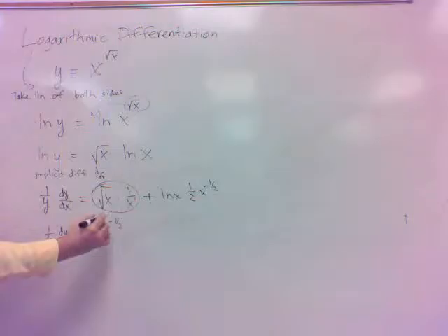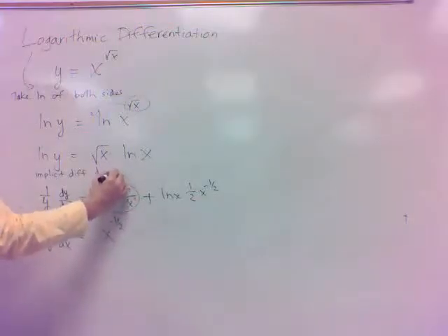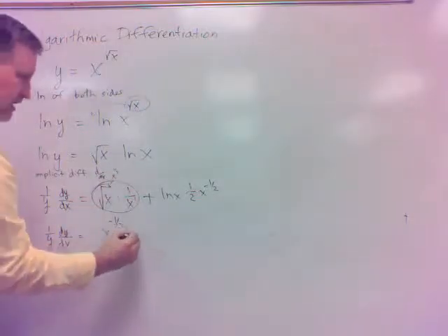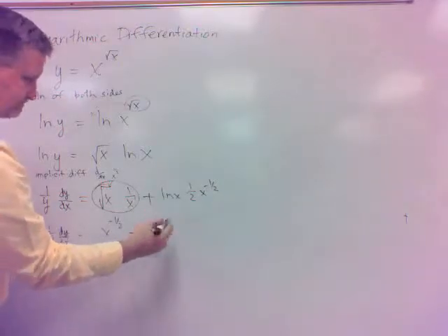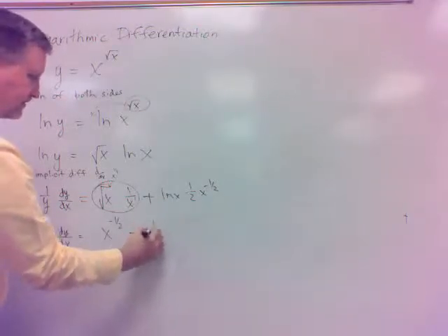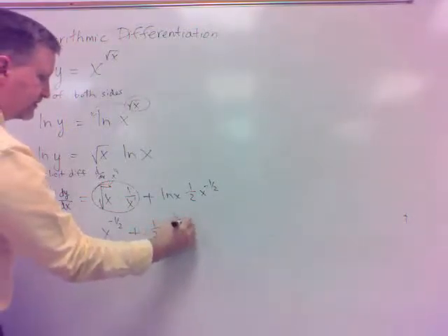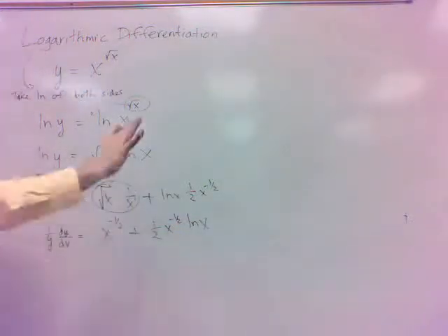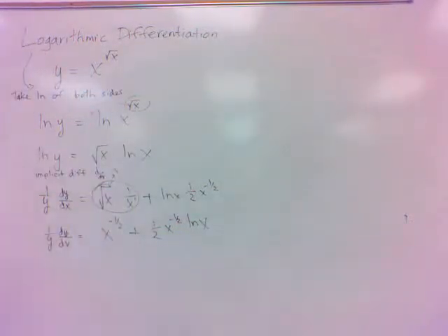Yeah, because that's x to the first, that's x to the half, so it'd be 1/2 minus 1 there. So you with me? X to the minus 1/2 be there. And then this, well, there's not much there to do, but let's just write it this way. I guess we could factor off the x minus 1/2, but let's just leave it there.